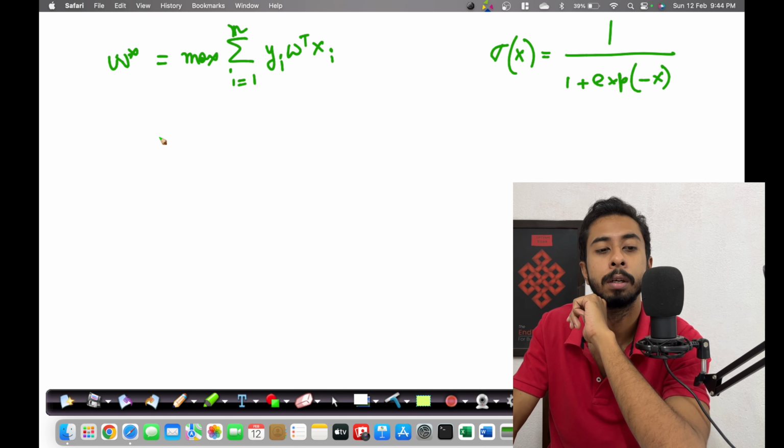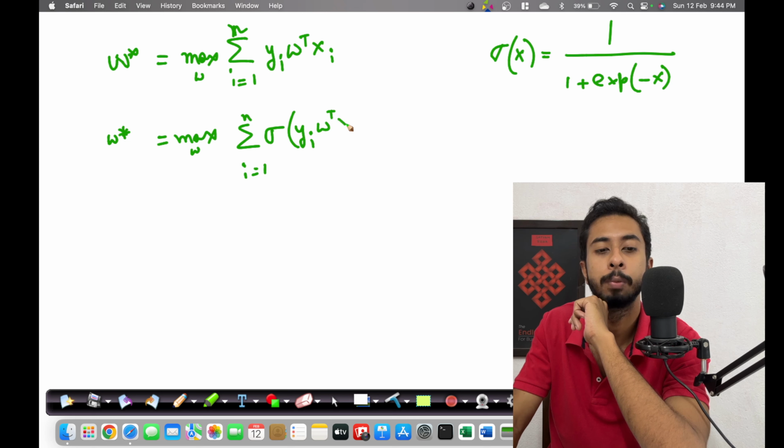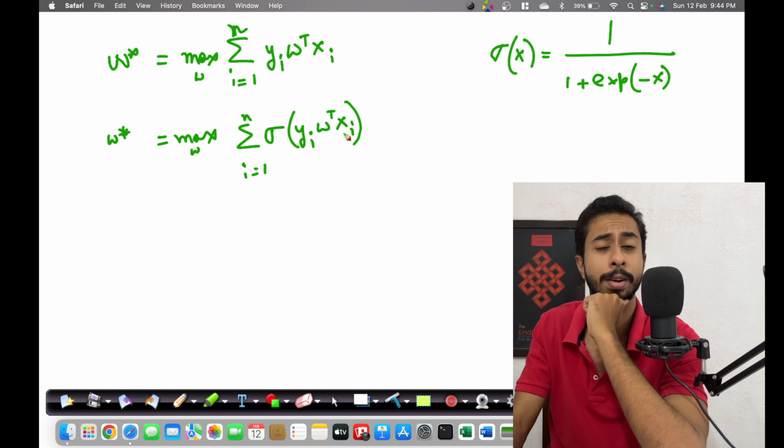So we'll just modify it to something like this: w star equals max on w, i equals 1 to n, but here we'll be using the sigma of yi w transpose xi, right?